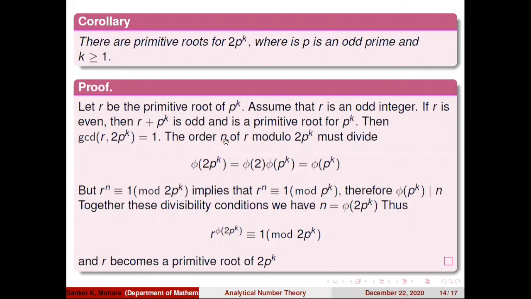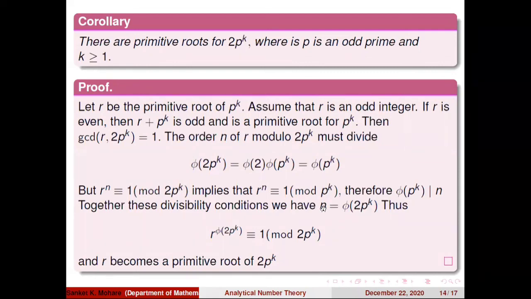But what is the value of phi of p^k? Phi of p^k is nothing but phi of 2 times p to the power k. So therefore n equals phi of 2 times p to the power k.